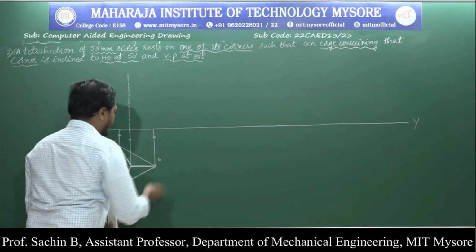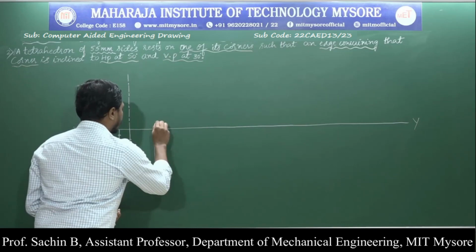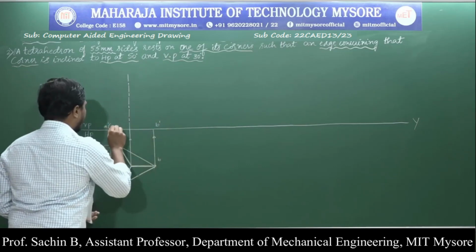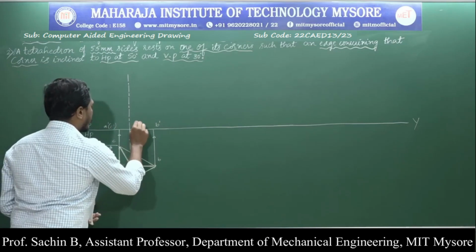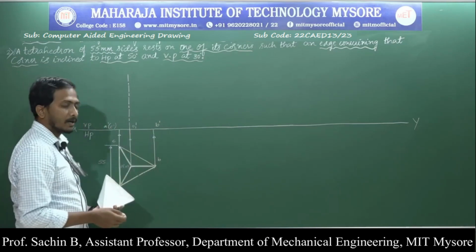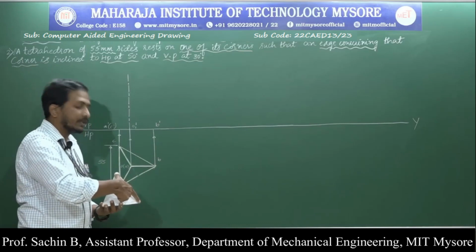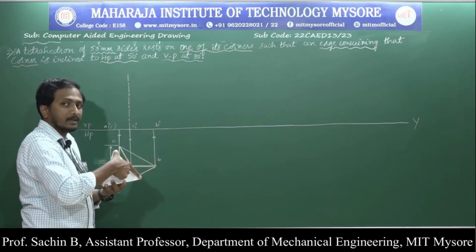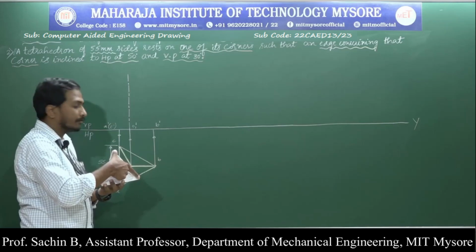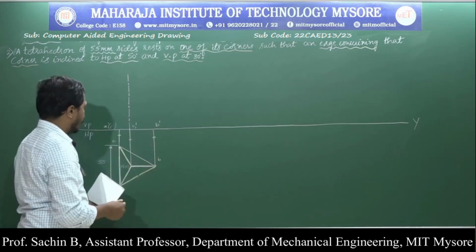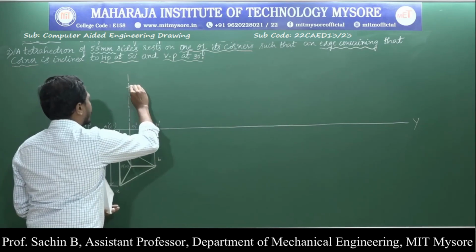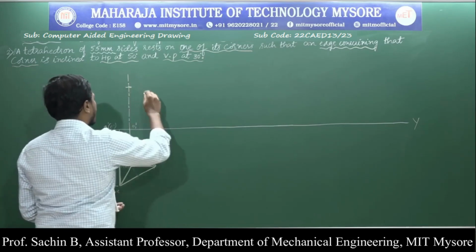Now I am going to call this point B dash, this point A dash bracket C dash, and this is my O1 dash. From B dash point, at a length of 55 mm, this is the slant edge length that we are going to measure. From B dash point, I will cut an arc of length 55 mm to the axis line.